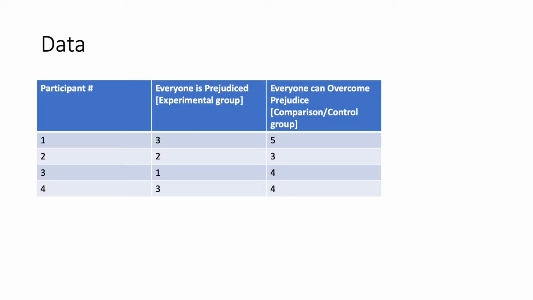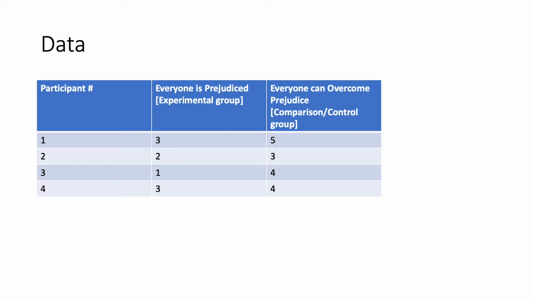So this data should look familiar to you. Now, it's not labeled in a way that you see right away that it is beliefs in free will, but if you were following along, you know that it's beliefs in free will over prejudice that are the numbers in this data, except for the new participant column. So I have a participant column that allows you to see the linkage.